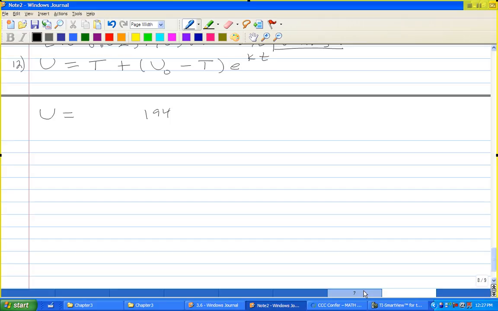A cup of coffee is heated to 194 degrees. It is allowed to cool in a room whose air temperature is 72 degrees.